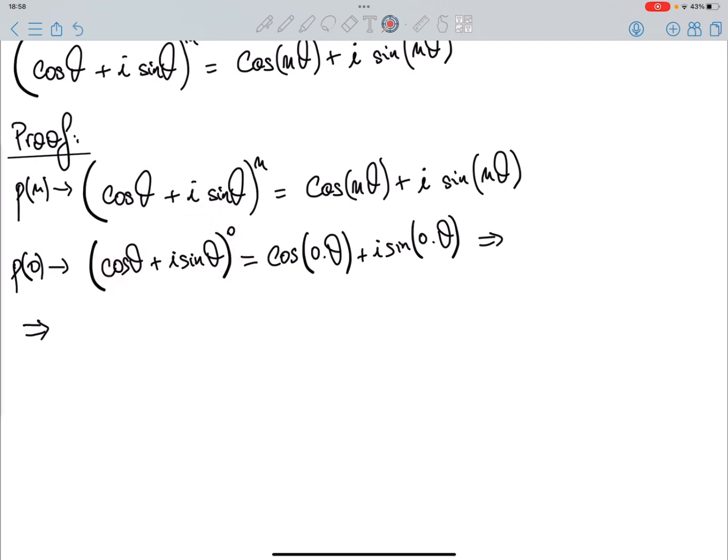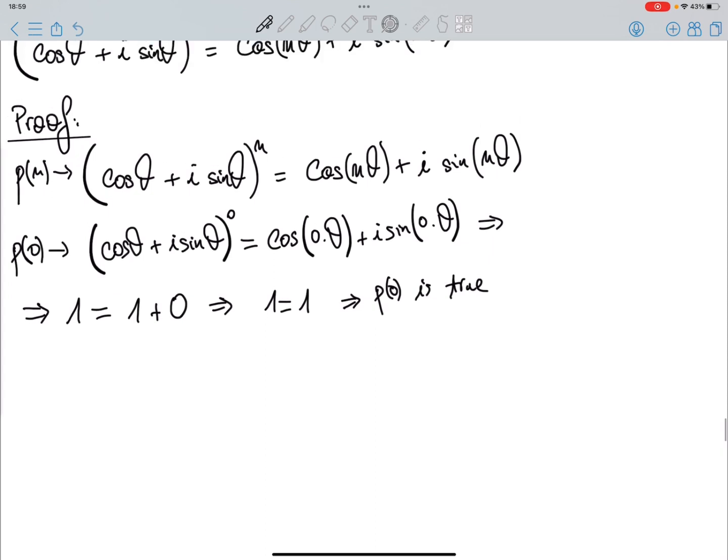Anything raised to the power of 0 is equal to 1, so the left hand side is 1. Cosine of 0 is 1 and sine of 0 is 0, so this disappears. So this is 1 plus 0, which implies that 1 is equal to 1, and this is true. So P(0) is true.